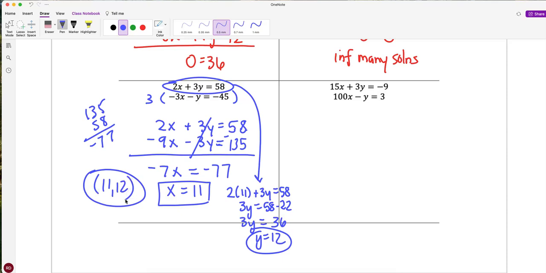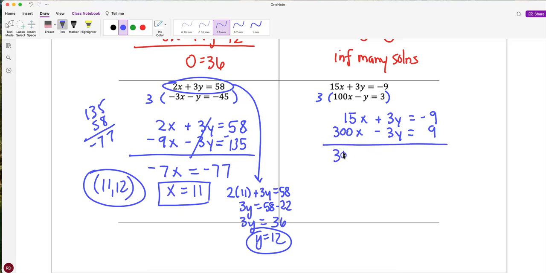This one, the easiest solution would be to multiply the bottom equation by 3. So 15x plus 3y equals negative 9, and 300x minus 3y equals 9.